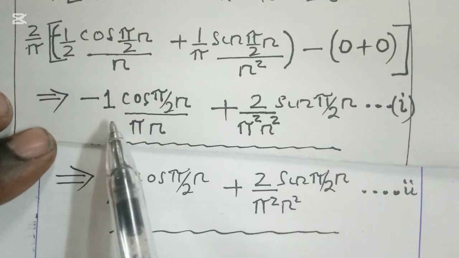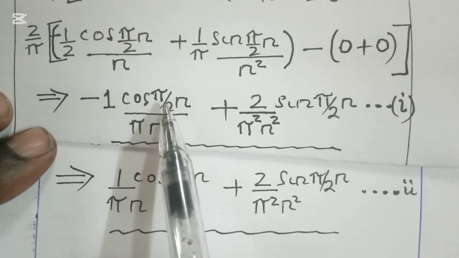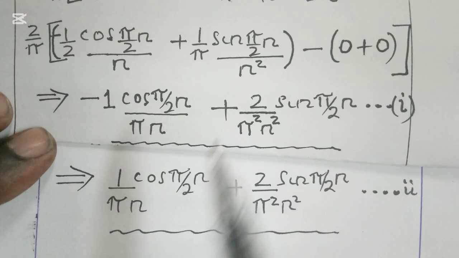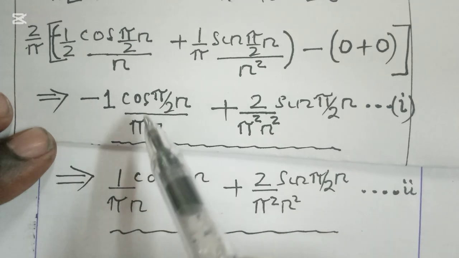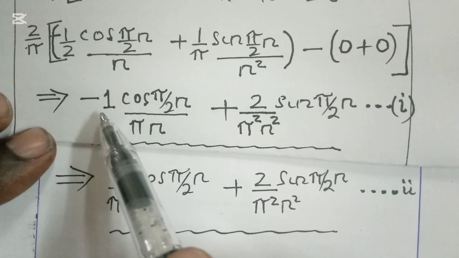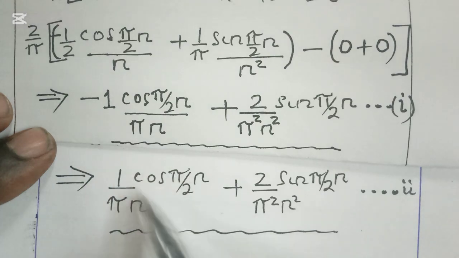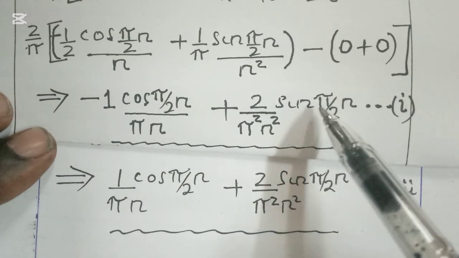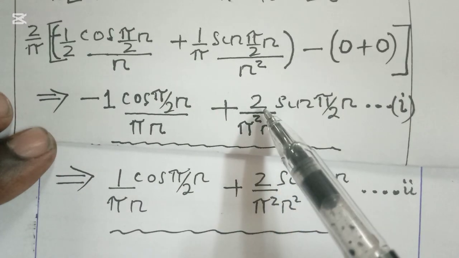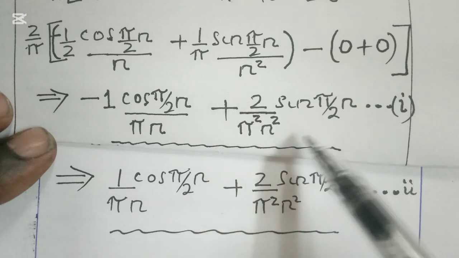You can see this is minus 1 cos pi over 2n all over pi n, and this one now is plus. So this equation is going now to be 0 because it's like minus 1 plus 1, because the rest of the figures are the same. Then we have this, which is now double. This is now going to be double because you have 2 and then these figures are the same.